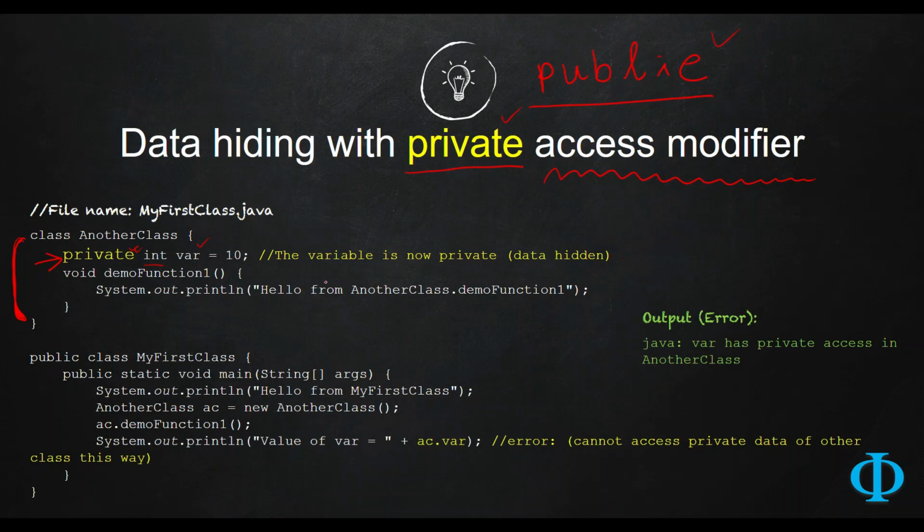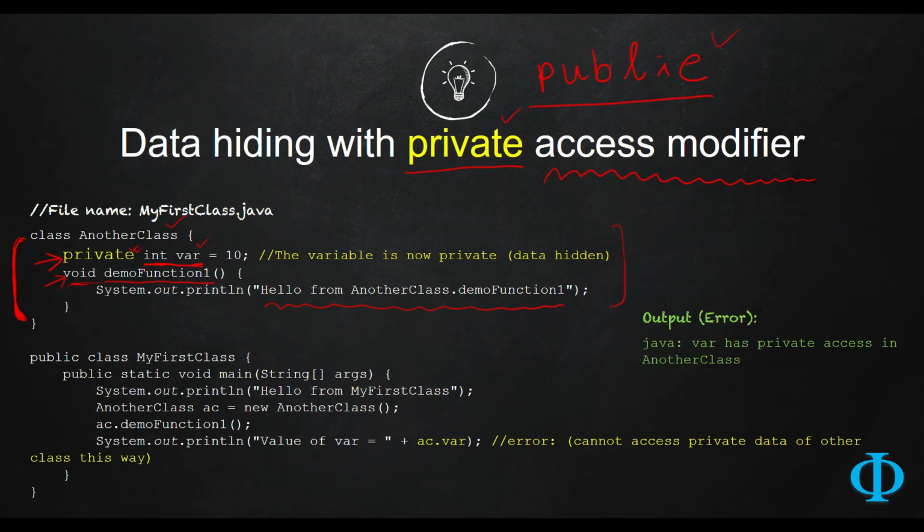Well, just for the sake of convenience, I have used the same class that I have used before. The class name is AC. There are two different members. The first one is a data member named var of type int, and the second one is a method member, demo function one, which is returning nothing and printing this string.